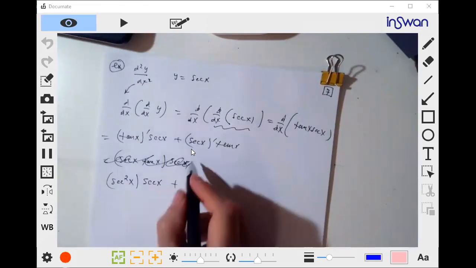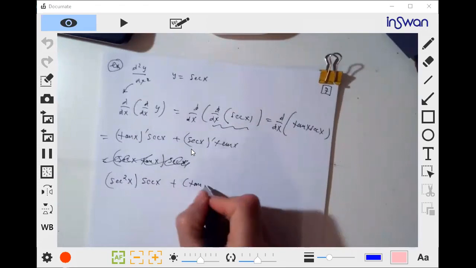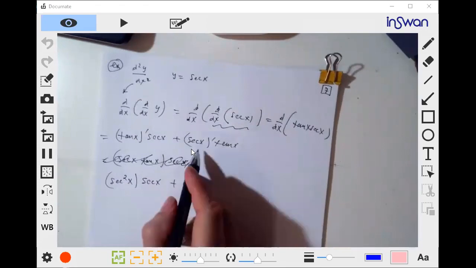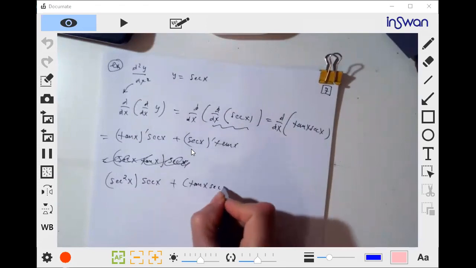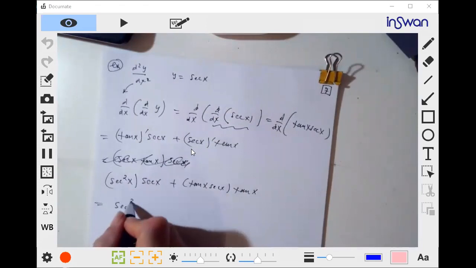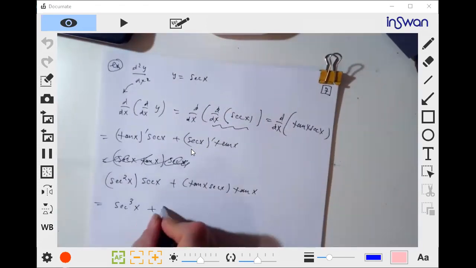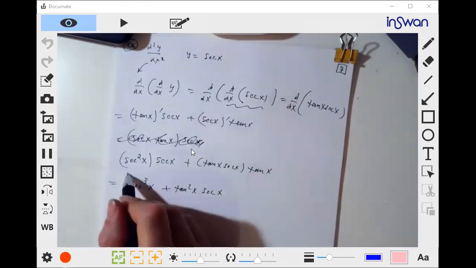The derivative of secant of x is equal to tangent x secant x. That's what I meant to say. So this reduces to secant cubed x plus tangent squared x secant x. Okay, so I'm trying to fly through this really quickly, and yeah, make sure you guys take your time.